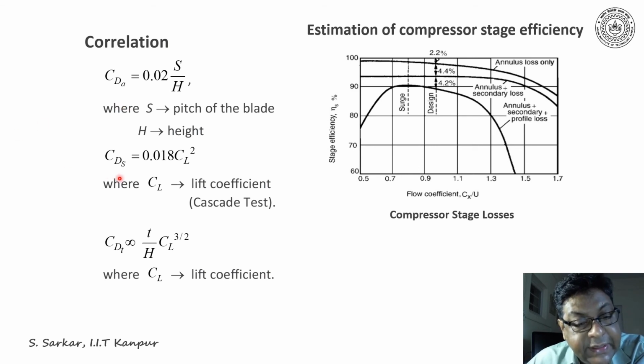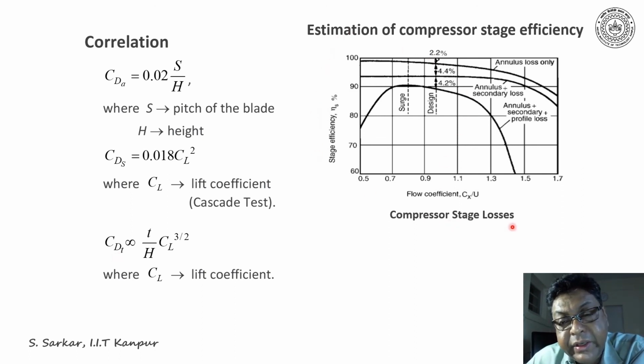Similarly, CDS is equal to 0.018 CL squared, where CL being the lift coefficient established from cascade data, and CDT, that is tip losses, is proportional to T by H CL to the power 3 by 2. T is the tip clearance, H is the height of the blade, CL is the lift coefficient.